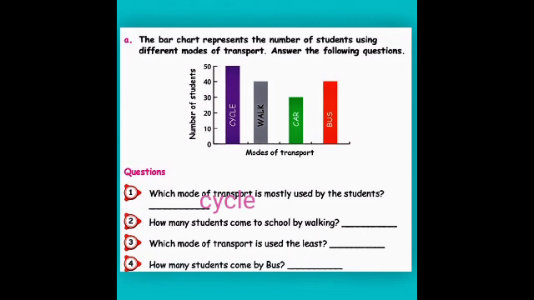So, number of students by walk is 40. Which mode of transport is used least? Yes, the students who are coming by car, it is the least number of students using the transport. The fourth question, how many students come to school by bus? Yes, 45 students are coming by bus.